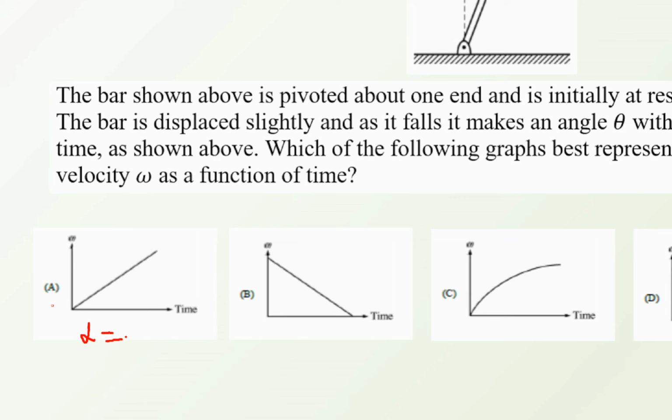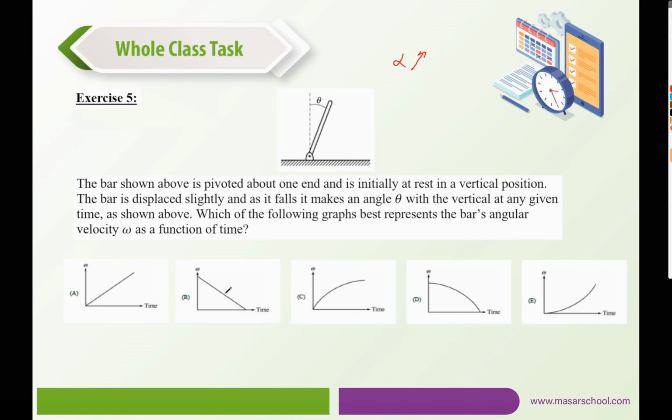This means that alpha is constant, and that's wrong because we know that alpha is increasing. Now this one is wrong and that one is wrong because we didn't start from 0, and that would be wrong as well.